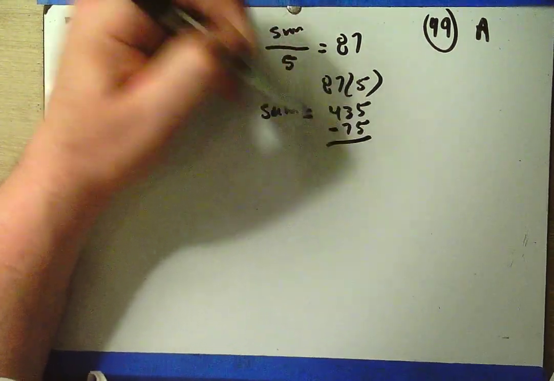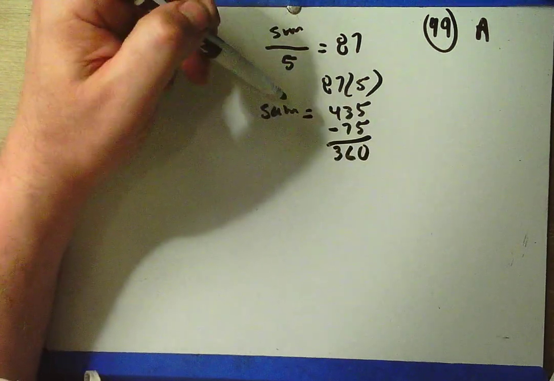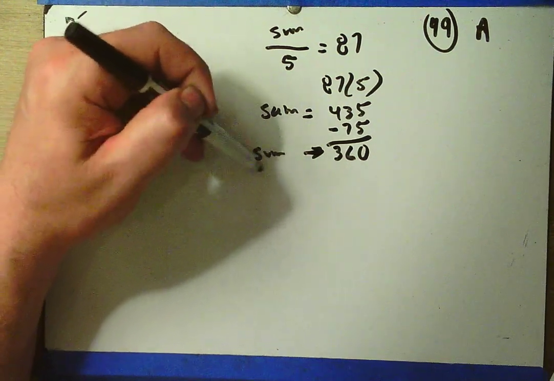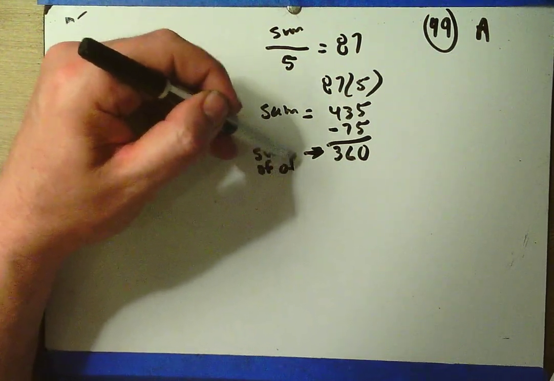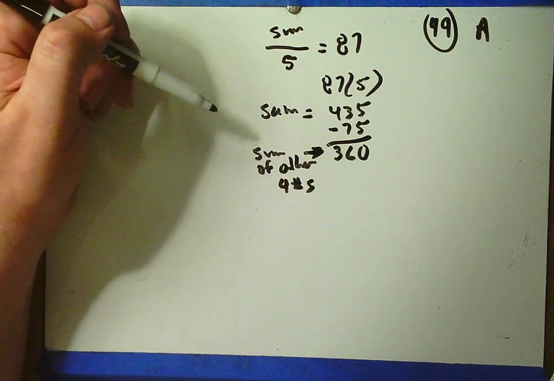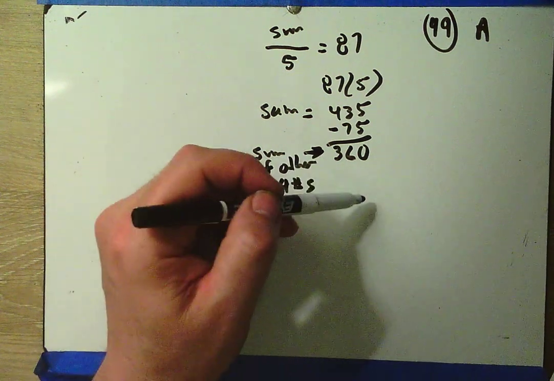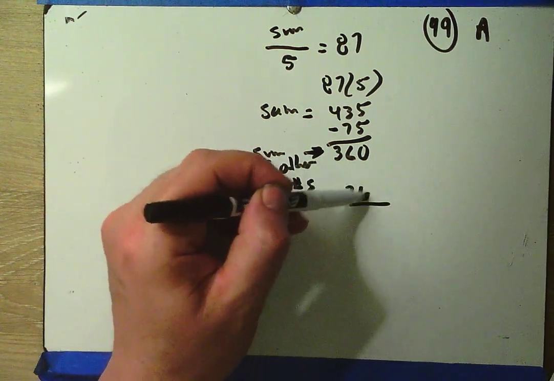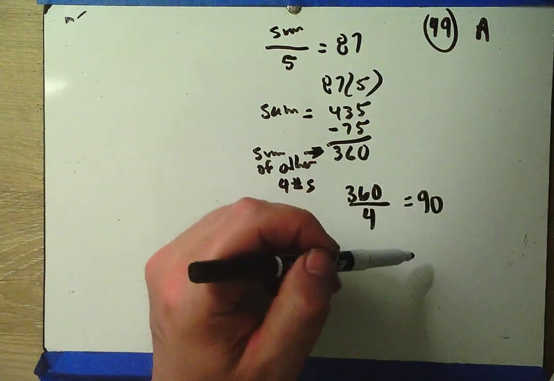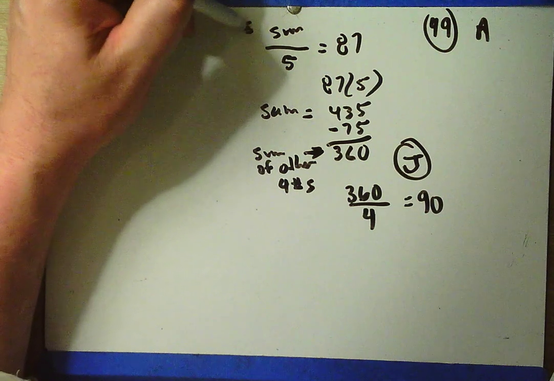If we take 75 away, I'm left with 360. So 360 is the sum of the other 4 numbers. And it says, what's the mean of the other 4 numbers? Well, that mean is that sum divided by how many numbers we've got, which is 90. So J is my answer to number 50.